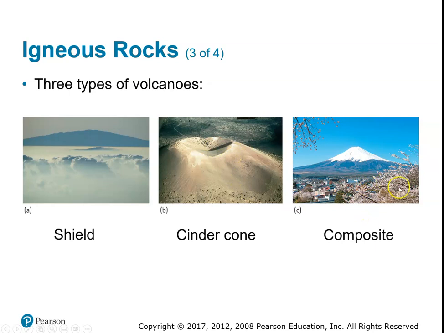The composite is kind of a combination of these. This is, for example, Mount Fuji. Mount Fuji is a good example of a composite. Notice it has, just like the shield volcano, a huge diameter, right?